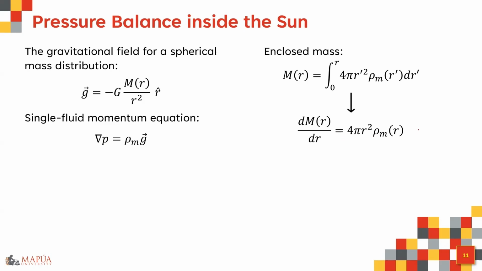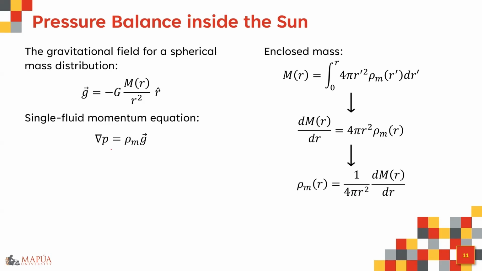So rearranging this, we have an expression for your density. Your density is equal to 1 over 4 pi r squared times the derivative of your mass with respect to the distance from the center of the sun.